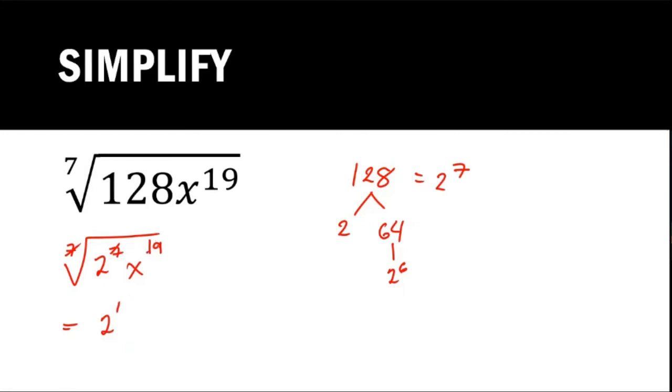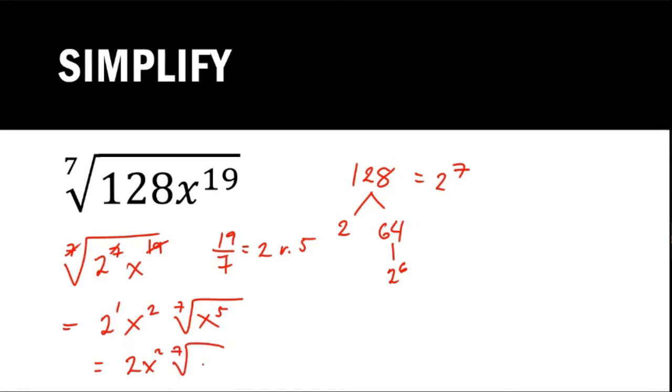And 19 divided by 7 is equal to 2, remainder 5. So the exponent of x outside the radical will be 2, so x raised to 2, and the 7th root of x with the remainder of 5, so x raised to 5. So the answer now will be 2x squared, 7th root of x raised to 5. So this will be our final answer.